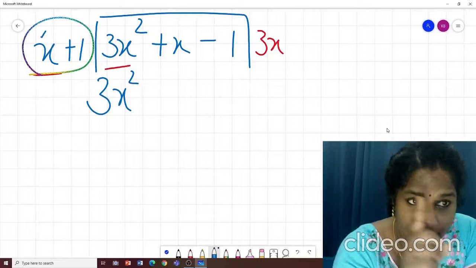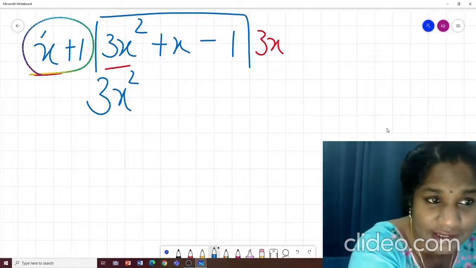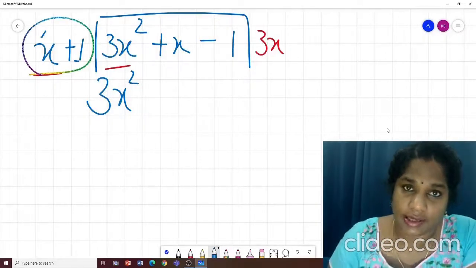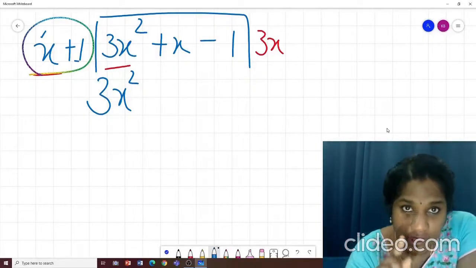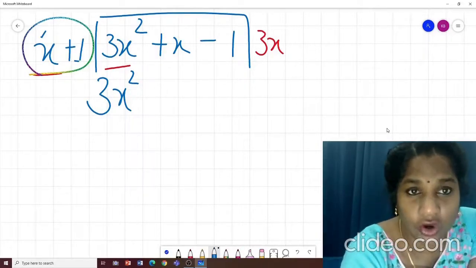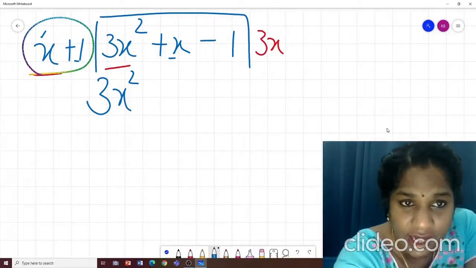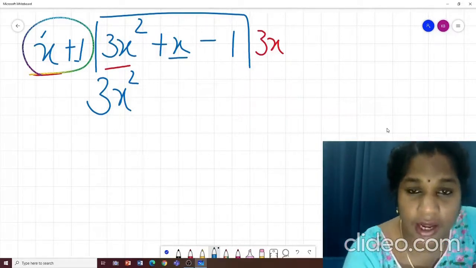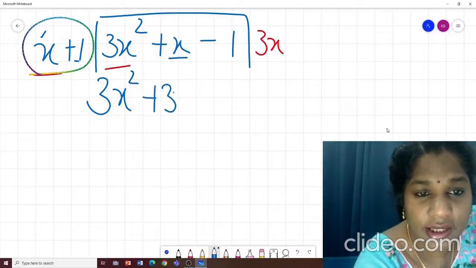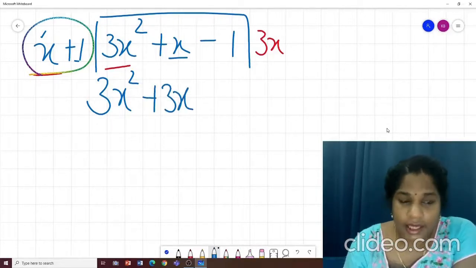Go ahead and multiply with the second term. What is the second term here? 1. 1 into 3x. How much is it? 3x. So what will I look for? I will look for the same variable with the same degree. So it is x here. I will go ahead and write below there plus 3x. Is that correct? I did that?